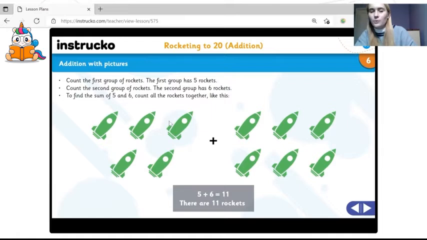So in the first group, we have 5 rockets. Then we need to count our second group. How many do we have in this group? We have 1, 2, 3, 4, 5, and 6. So we have 6 rockets. Then to find the sum of 5 and 6, we need to count all the rockets together. So 5 plus 6 equals 11. And so this is the answer.